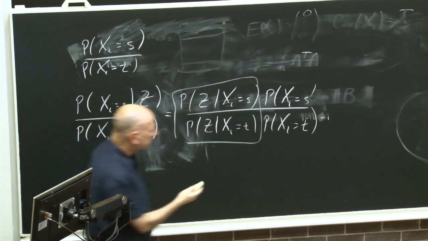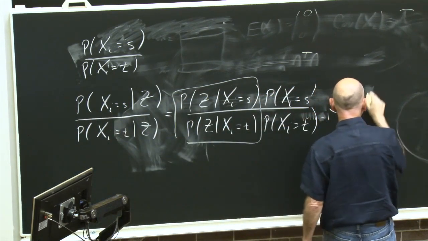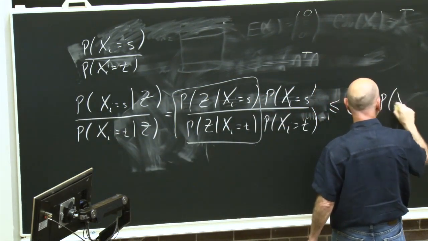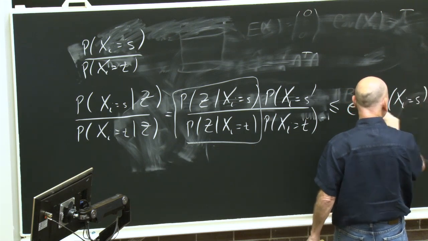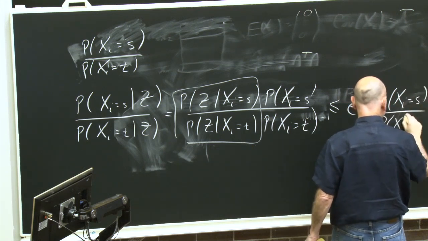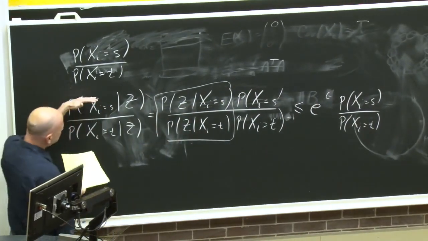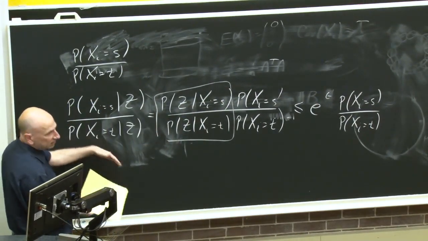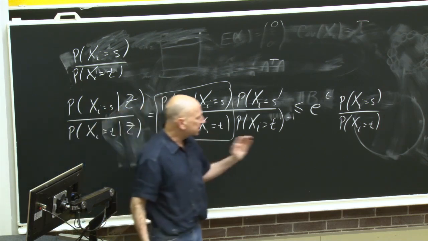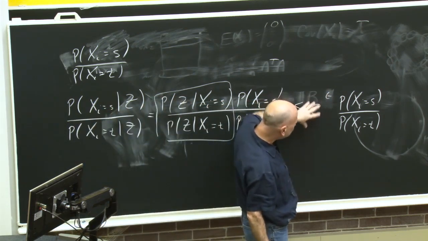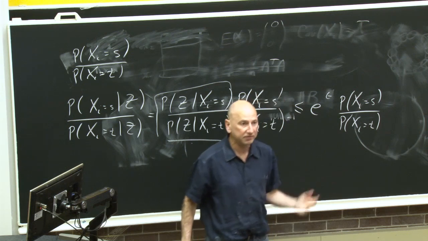So that's less than or equal to e to the epsilon times the prior odds. In other words, your posterior odds, that it's Joe versus Jim, whatever, after seeing Z, this is again close to 1, so you haven't changed your prior very much.